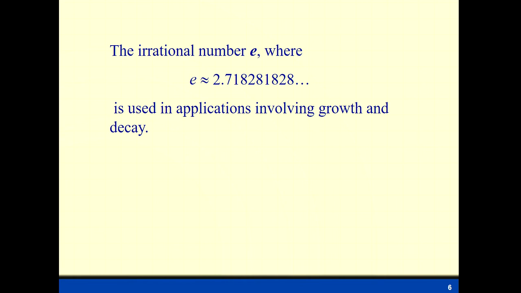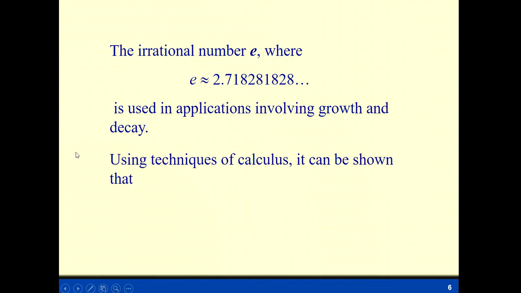One of them you learned in Algebra 2, which was compounding interest continuously. So when you take your interest calculation here and you say, as the number of times you calculate that interest goes to infinity, an infinite number of times, you end up with this number e.